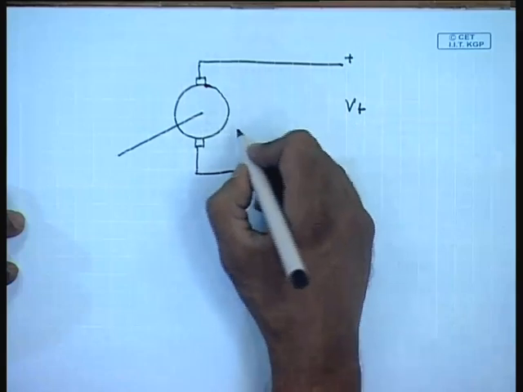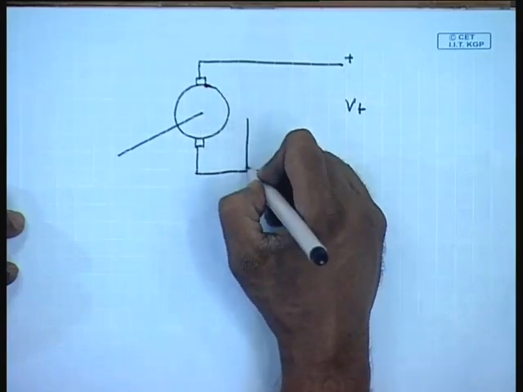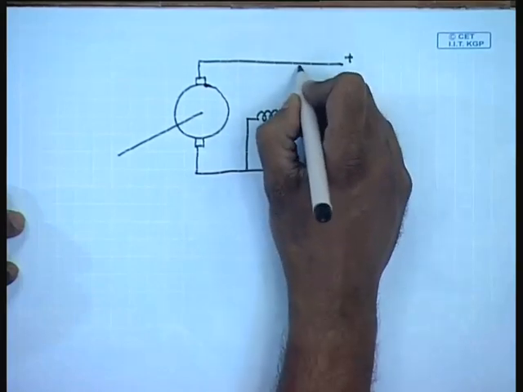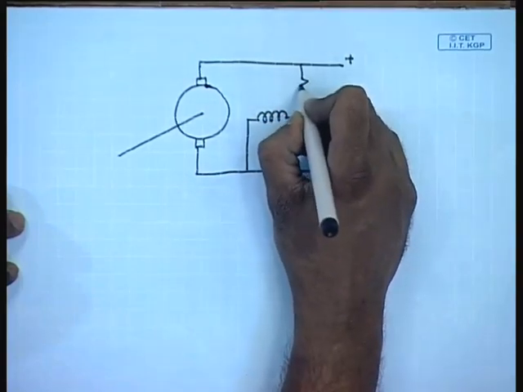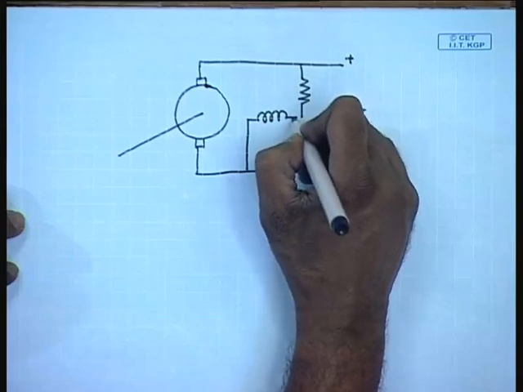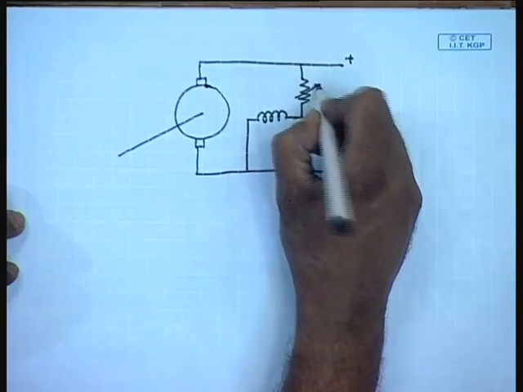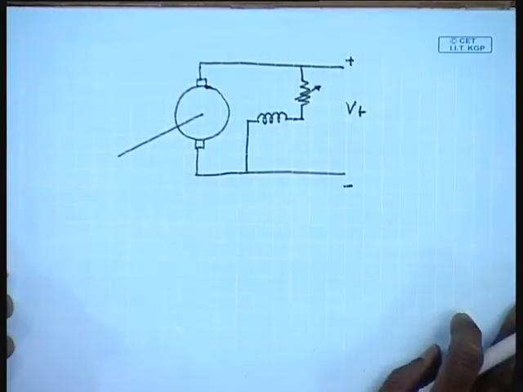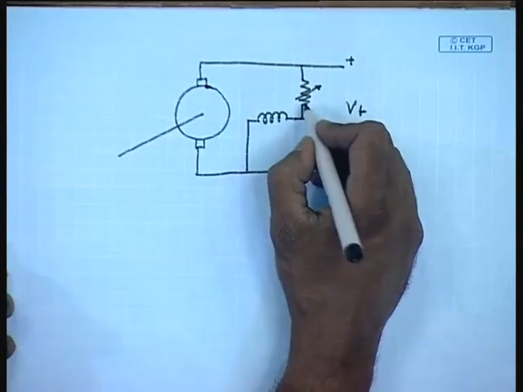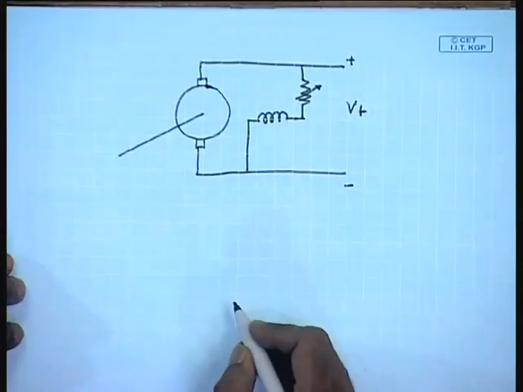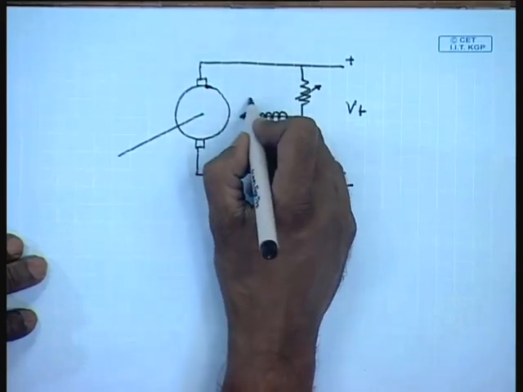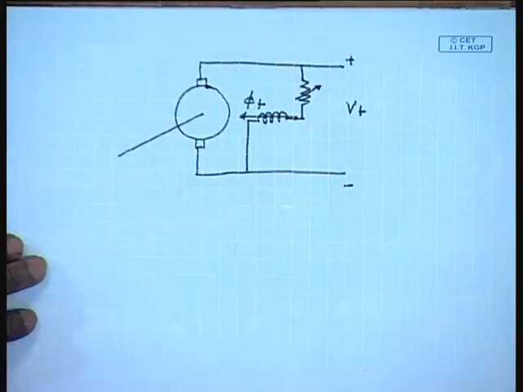The field winding is connected across the same supply, hence you can call it a shunt motor or a separately excited motor, because they are connected to the same supply voltage. Normally, an additional resistance Rf will be connected in the field in order to control the field current. This will produce a flux of phi f.